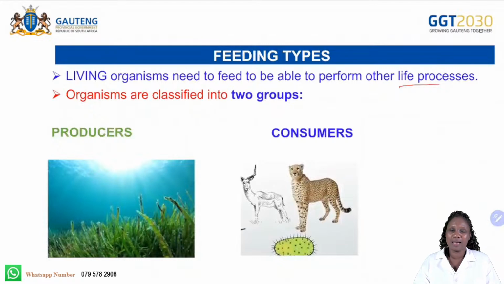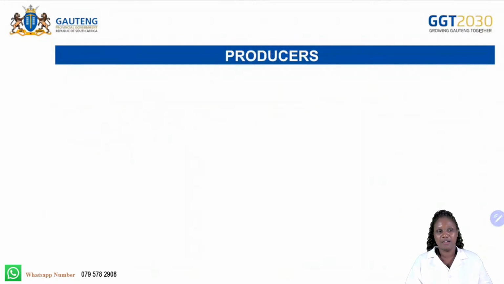When we're talking about producers, these produce their own food, right? For example, we've got plants, they produce their own food. And then we've got algae, they produce their own food. These are producers. And then what about the consumers? All animals are consumers, right? It can be a herbivore, it can be an omnivore or a carnivore, but consumers don't make their own food. We depend on the producers. Okay.